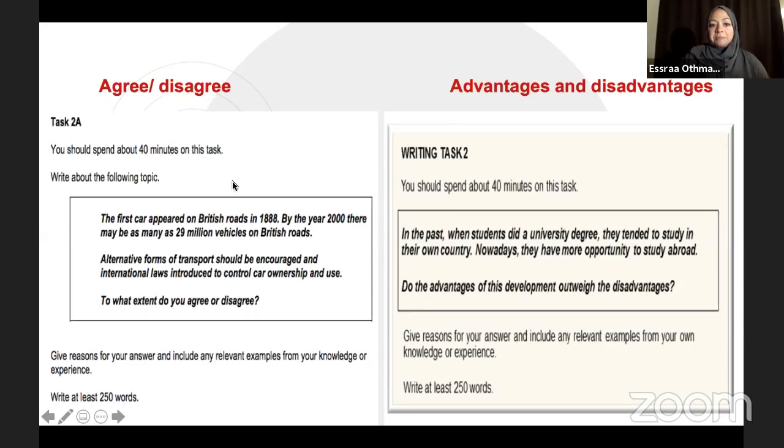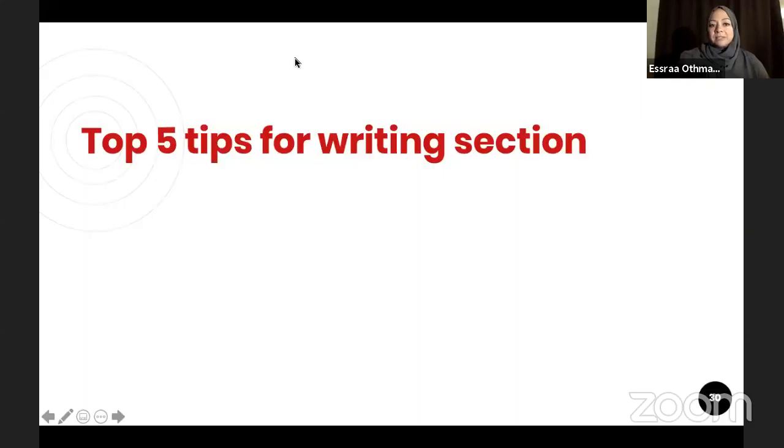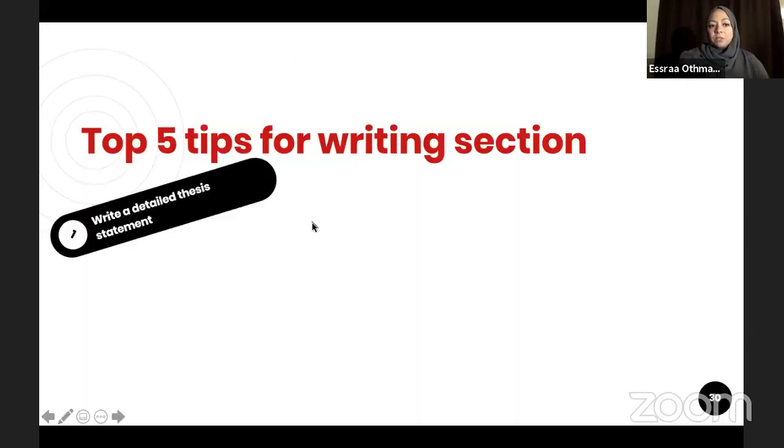Now, going back to the tips for writing section. It's very important that you write a detailed thesis statement. You have to mention in your introduction a thesis statement that relates closely to the main idea that the question asks you to discuss.